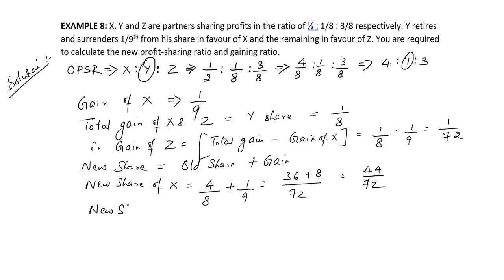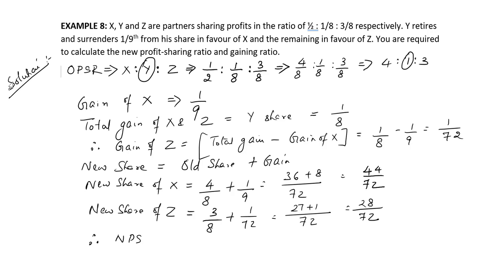New share of partner Z is equal to the old share of Z 3 divided by 8 plus the gain of Z, which is 1 divided by 72, which is 28 divided by 72.